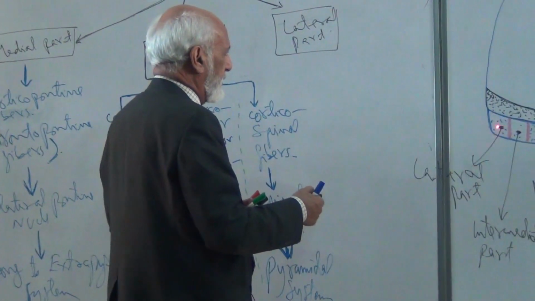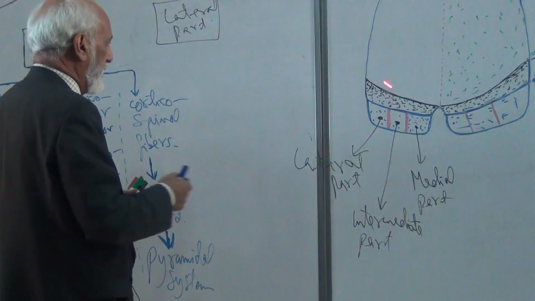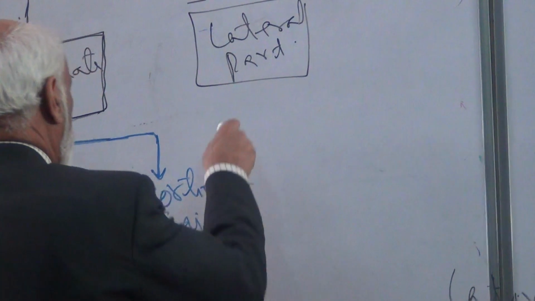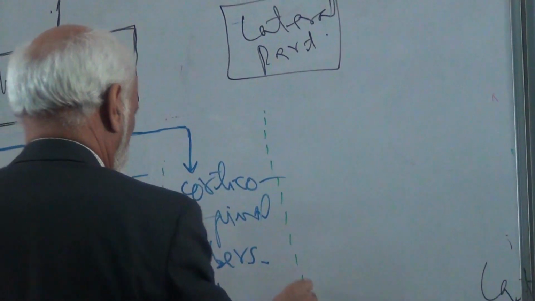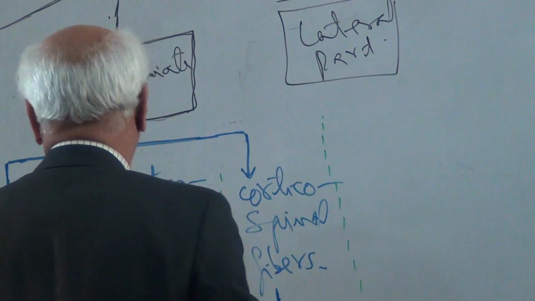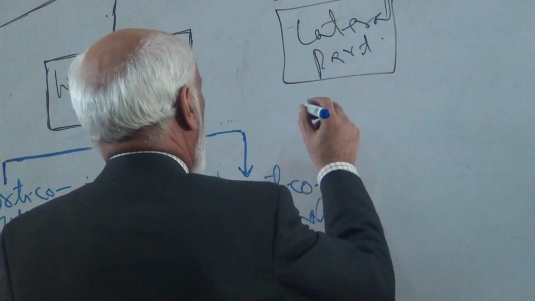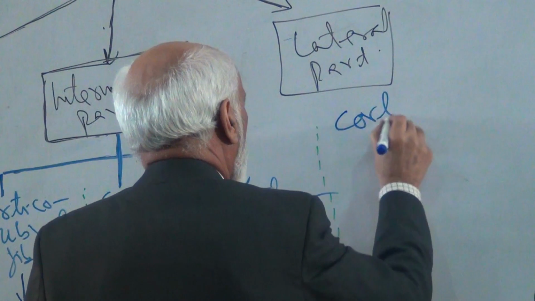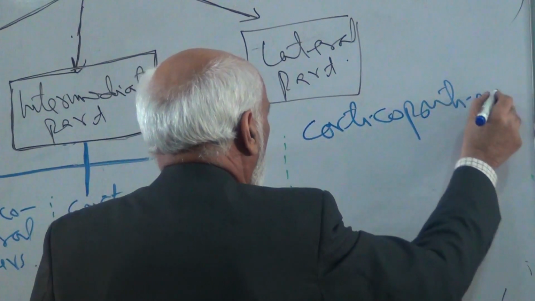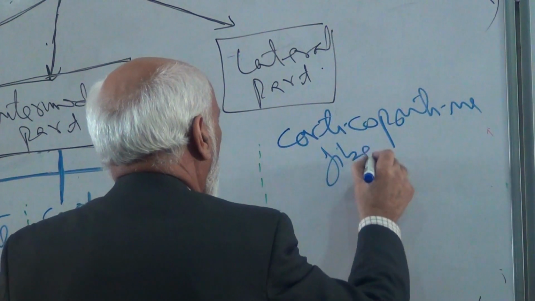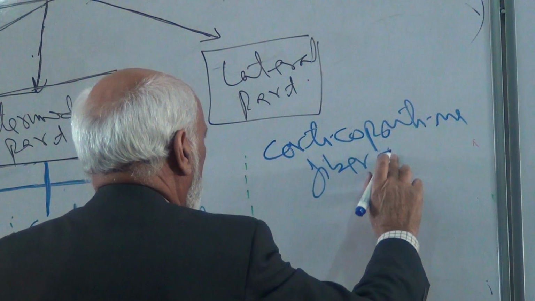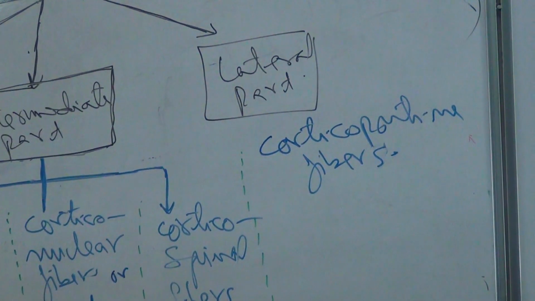Next, what are the descending tracts in the lateral part of the crus cerebri? These are also known as corticopontine fibers.